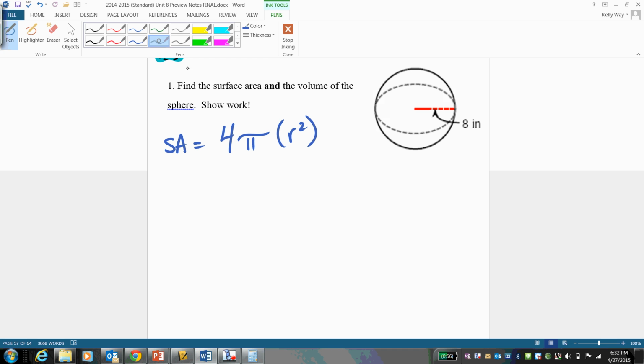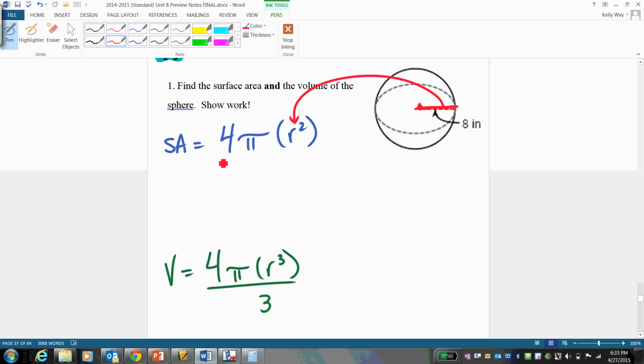And for volume, 4 pi r cubed over 3. Ready? Let's do what we can. This 8, we trace it. That is our radius. That's going to go right in there. So we go 4 pi, 8 times 8, which means we're doing 4 times 64 pi.